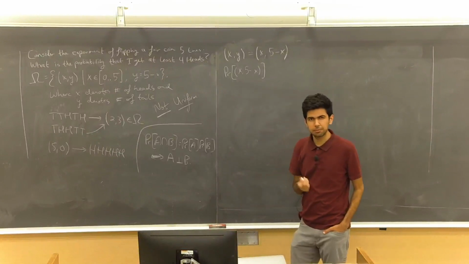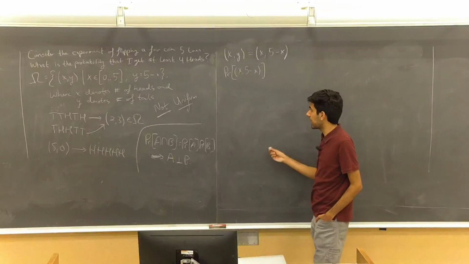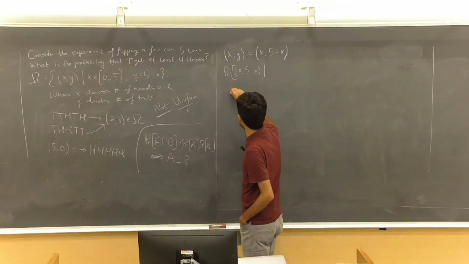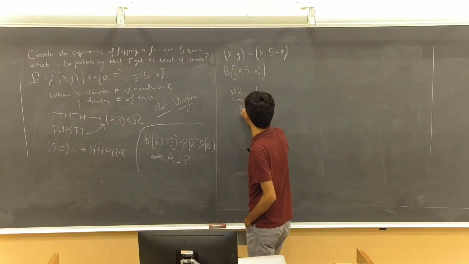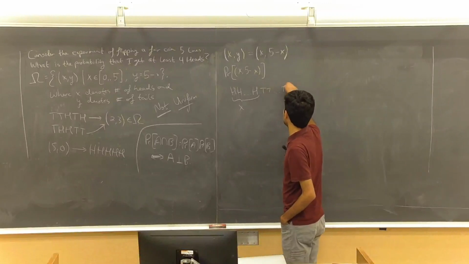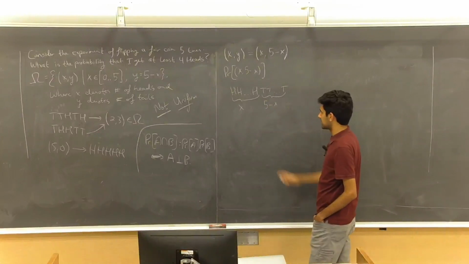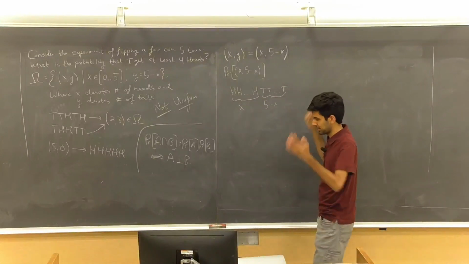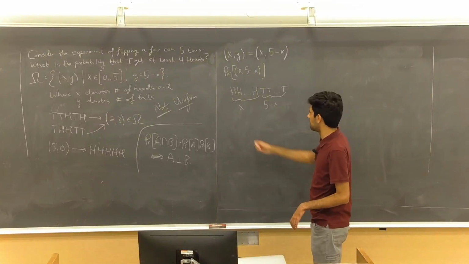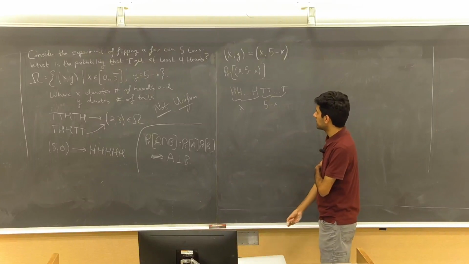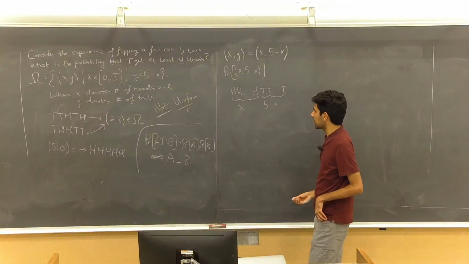So let's think of perhaps the simplest sequence of coin flips that could yield x, 5 minus x. That would be that my first x flips are heads, followed by 5 minus x tails. Admittedly, this is not the actual way the sequences would be written, because here I'm denoting more than 6 coin flips, but just for the sake of example, the simplest such outcome would be heads followed by tails. So what's the probability of this occurring?